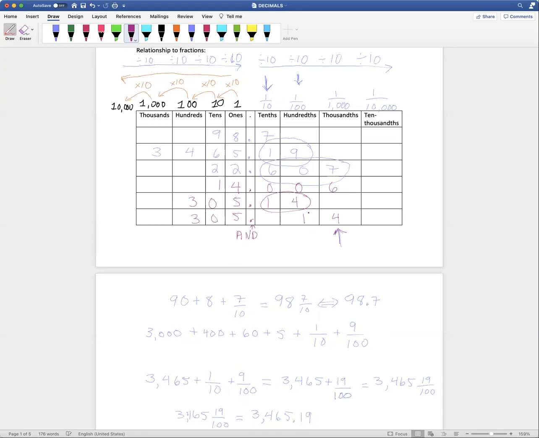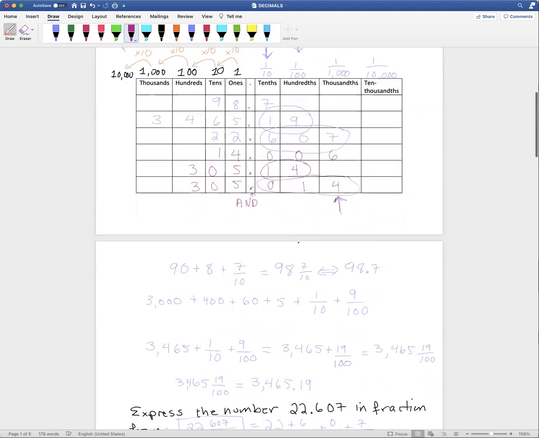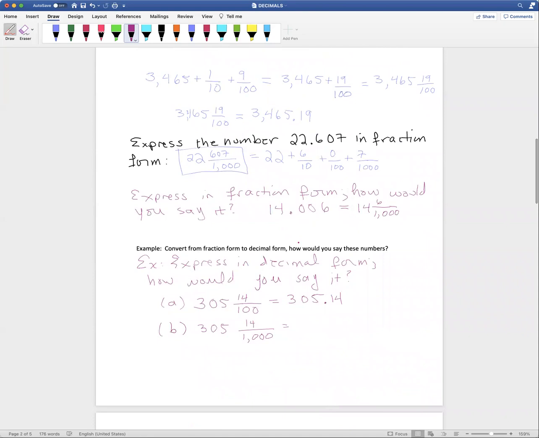We know 4 goes here and the 1 would come before it. And regarding the tenths, we can't leave it blank. We have to show that we don't have any tenths. So we would put a 0 there to represent that. So this number is 305, and we would call this number 14. And remember, the 4 lands on the thousandths. So 305.014. 305 and 14 thousandths. Let's do one more.